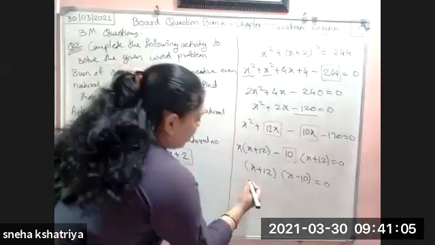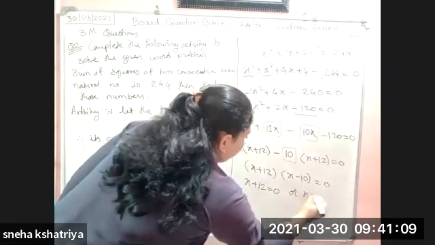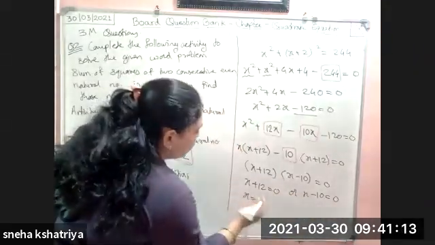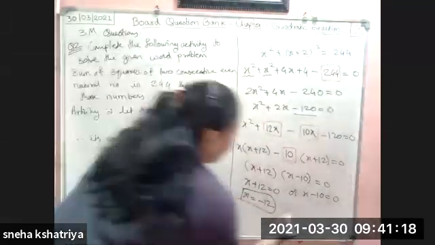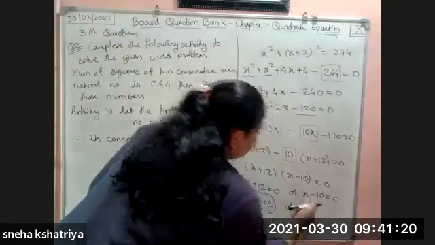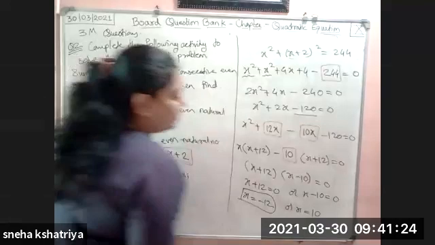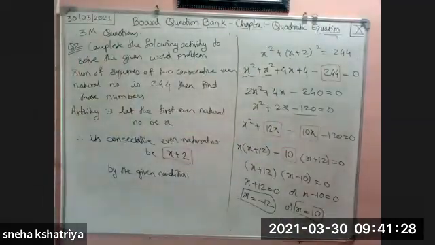So how we are going to solve x plus 12 is equal to 0 or x minus 10 is equal to 0. So we get x is equal to plus 12. After going to right hand side, it will become minus 12, or x is equal to 10. After going to the right hand side, minus 10. After going to the right hand side, it will become plus 10.